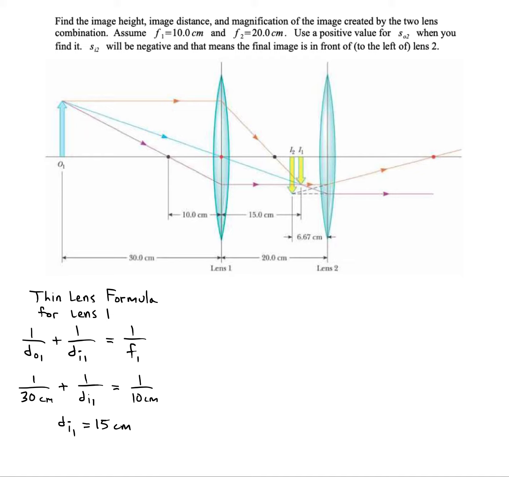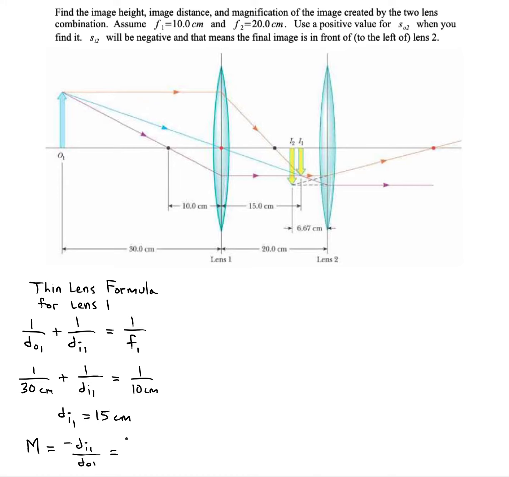We're also going to want to find the magnification of lens 1. So let's do negative di1 over dO1. It's negative 15 over 30, which is negative 1/2. We'd also like to know the height of image 1.